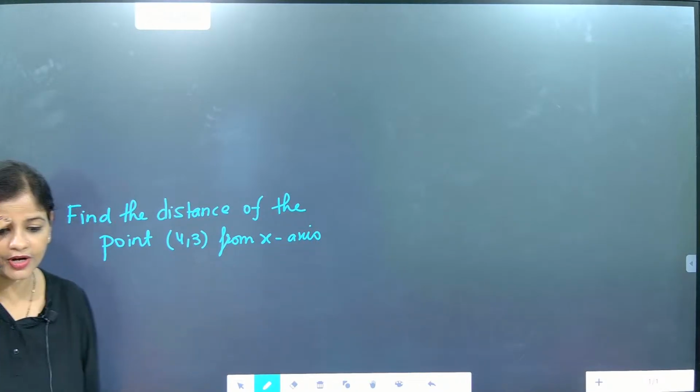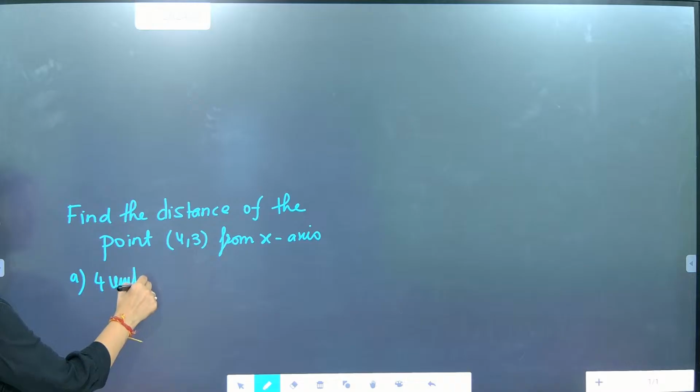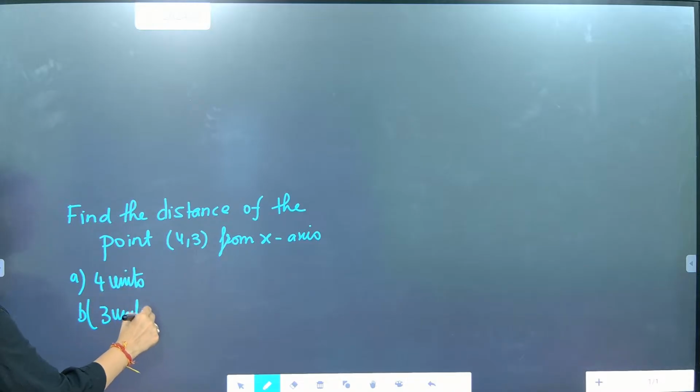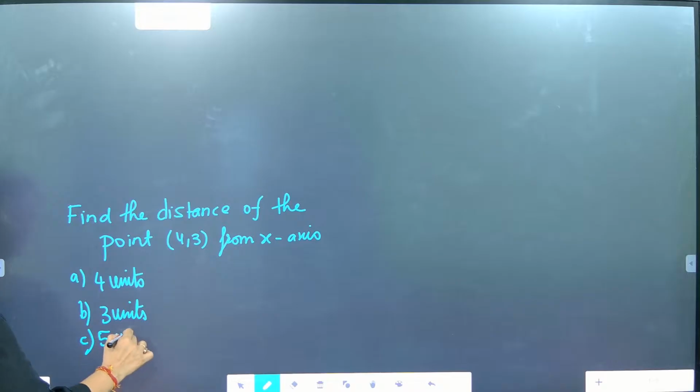Come on, you can do it. From the x-axis. Now here itself, the question pattern changes. The distance can be 4 units, 3 units, 5 units, or none of these.